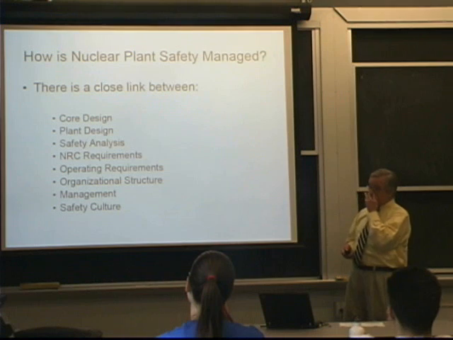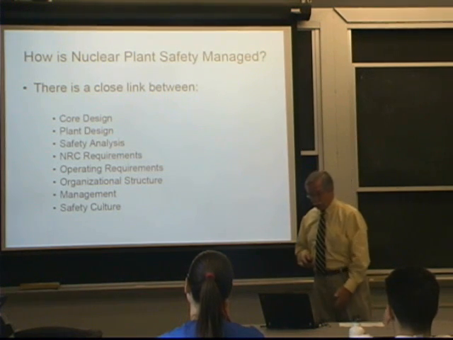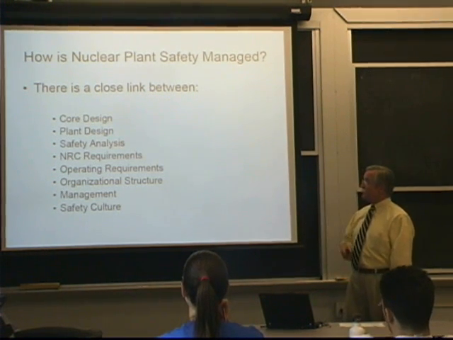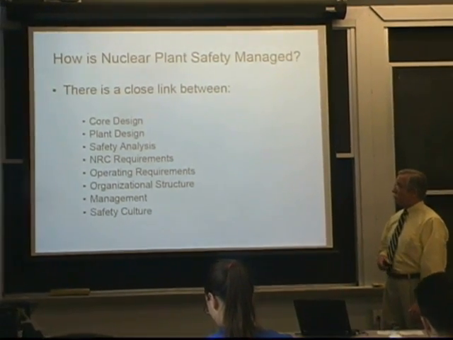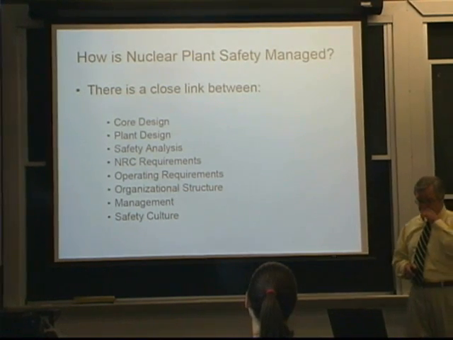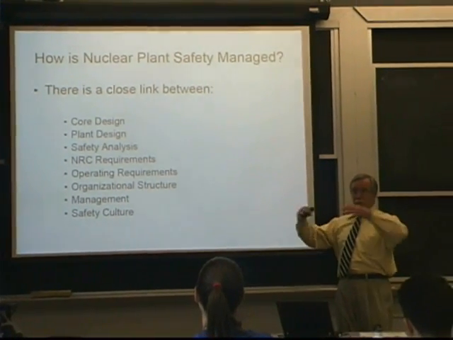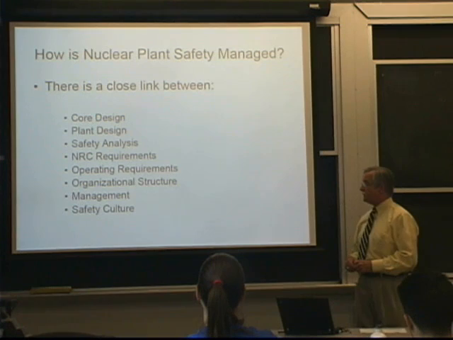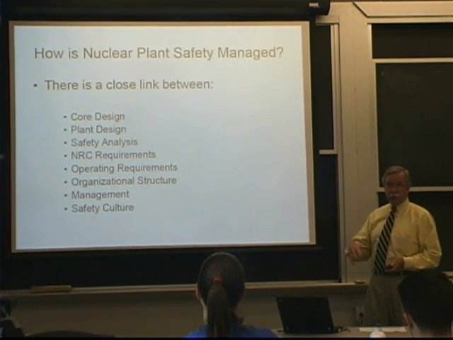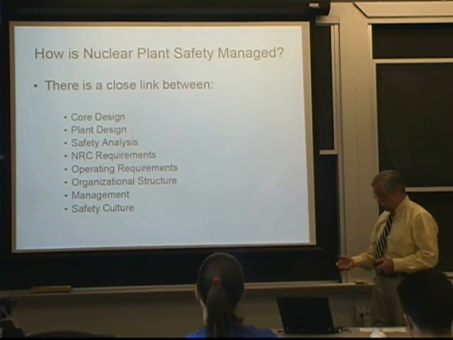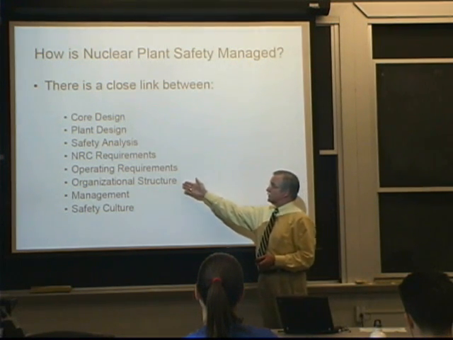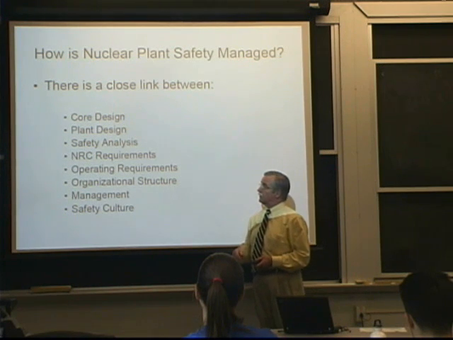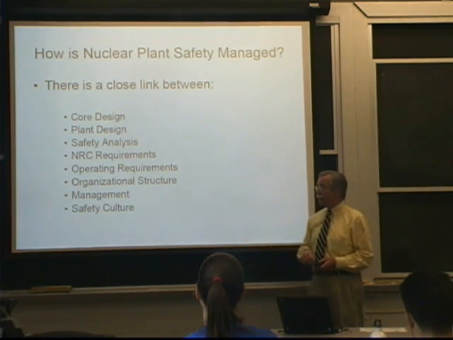So there is a link, as you certainly now know, between the core design and how the plant is designed and the safety analysis. It's all bounded and guided by the NRC requirements, which are then translated into limits for operation. In order to operate these plants, you have to create an organizational structure that is capable of implementing the operating requirements.